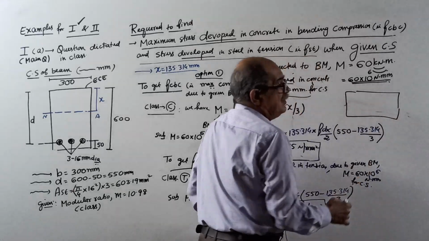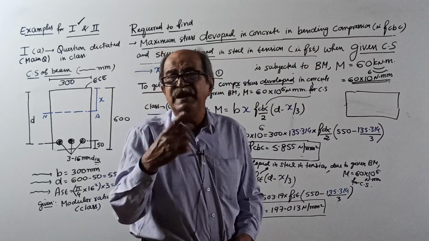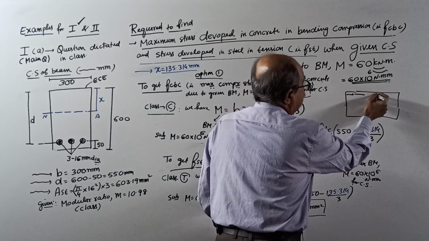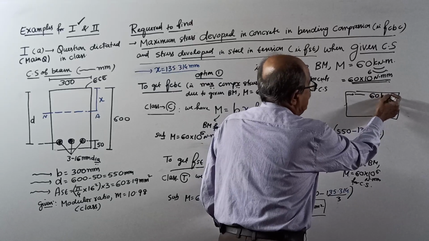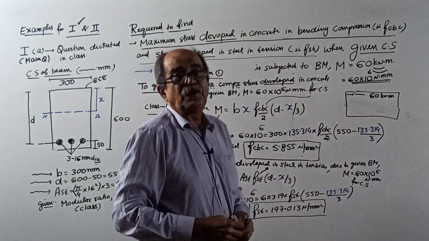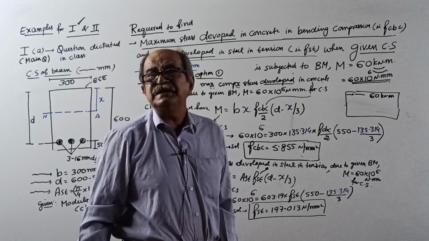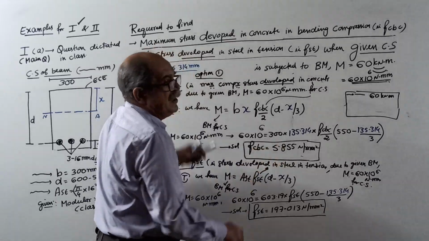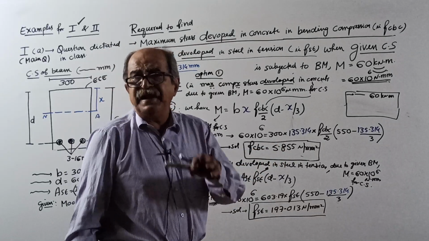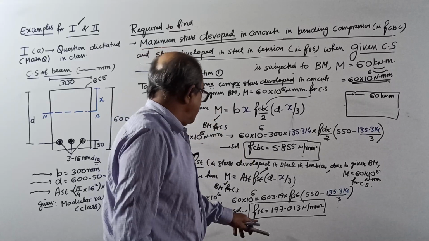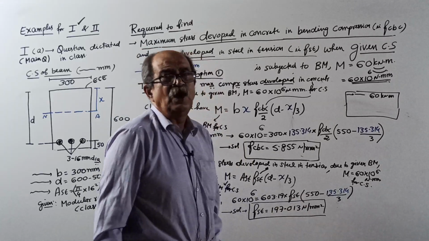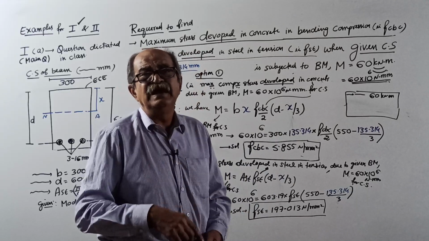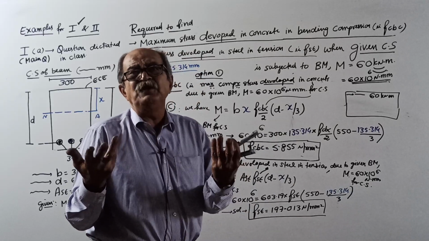Therefore, when the given cross section is subjected to a bending moment of 60 kilonewton meter, the maximum compressive stress developed in concrete is 5.855 Newton per mm square, and at that time, for the same bending moment, the stress in tensile steel is 197.013. Write that down. Okay, the main part is over.